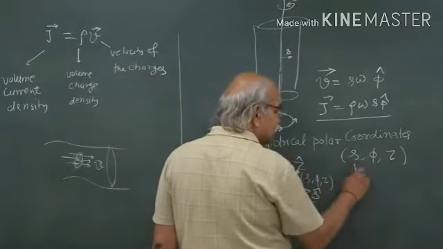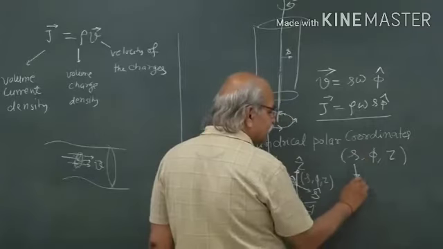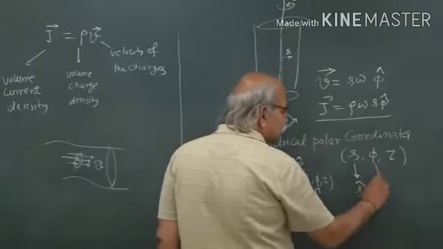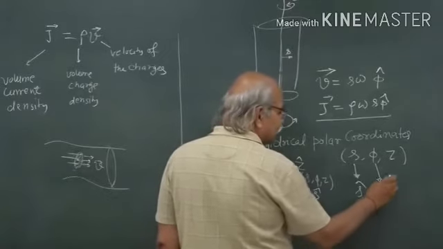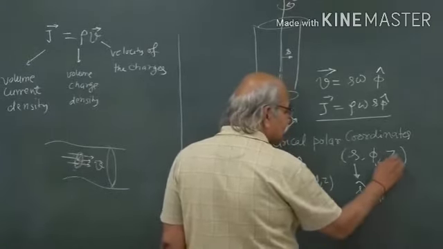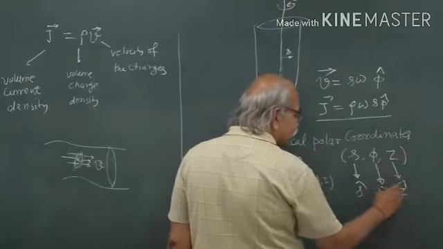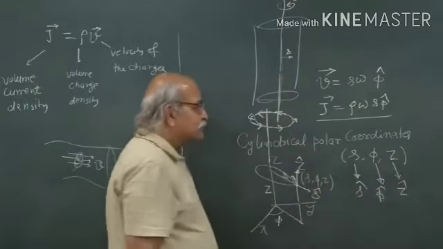So, corresponding to this S coordinate, we have a unit vector S cap, corresponding to this phi coordinate, a unit vector phi cap, and corresponding to this coordinate Z, a unit vector Z cap.